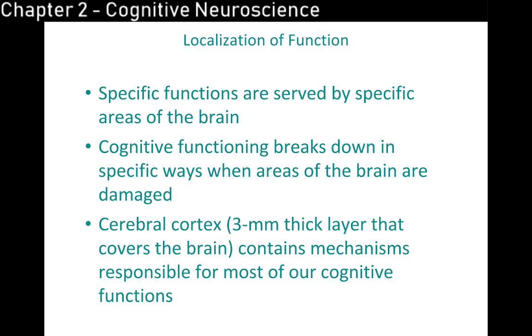We can look at this by looking at how cognitive functioning breaks down when parts of the brain are damaged. And we focus primarily, in terms of localization, on the cerebral cortex. This is the area around the brain, and that's where a lot of the activity occurs when different parts of the brain are being activated.